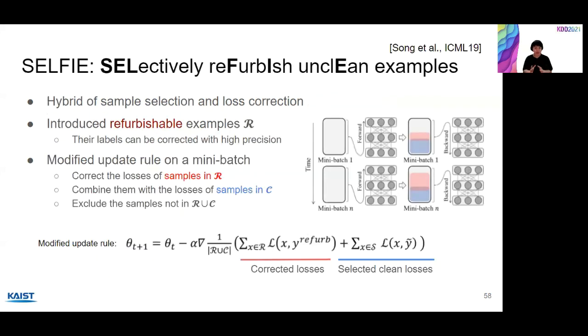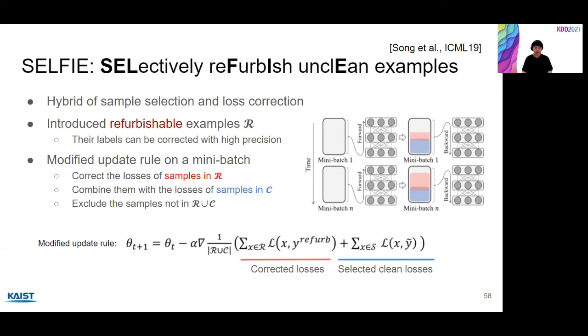SELFIE is a hybrid approach of sample selection and loss correction. To leverage even noisy examples, it introduced the concept of refurbishable examples that can be corrected with high precision. That is, we only relabel when we are certain of the correction. So the modified update rule is leveraged for the robust update.